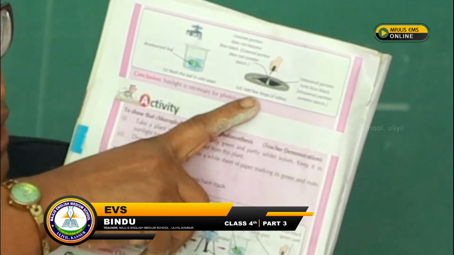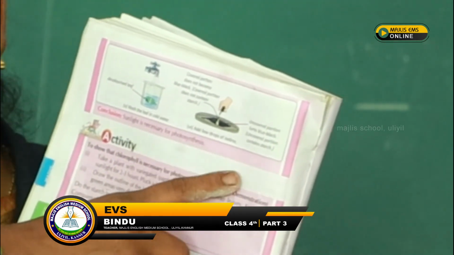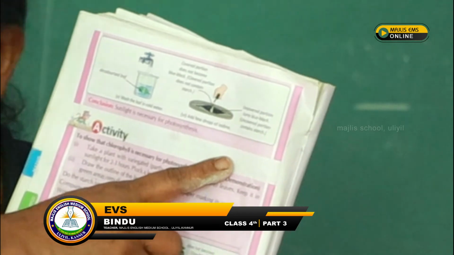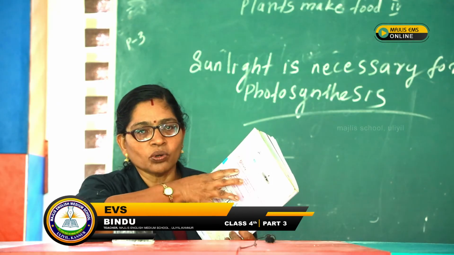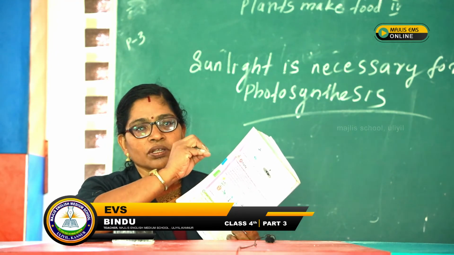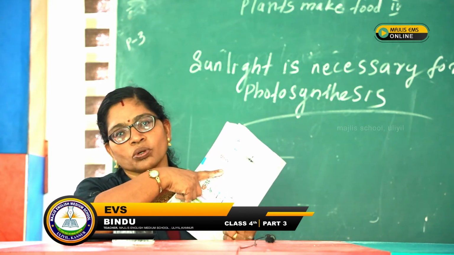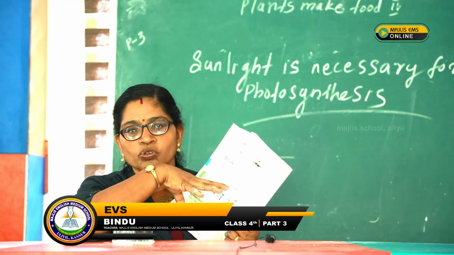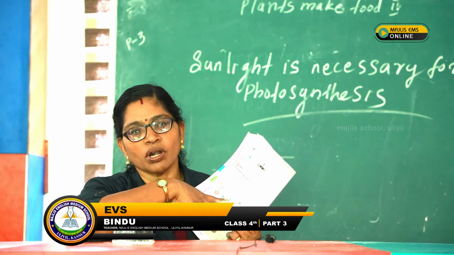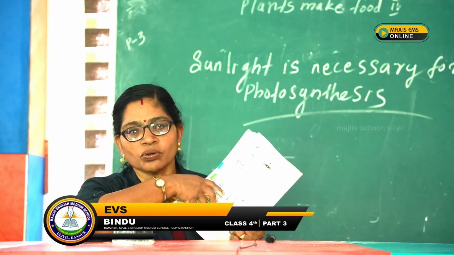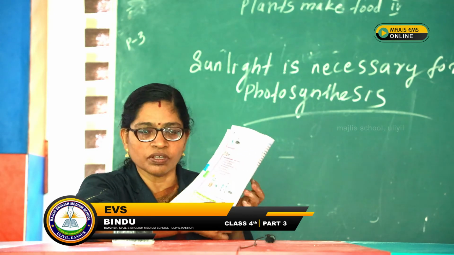You see the covered portion didn't change color, and the other part changes to which color? Blue black. Okay, after you watch this experiment, you conclude that sunlight also is necessary for photosynthesis. I think you are all clear? Okay, sunlight also is necessary for photosynthesis.